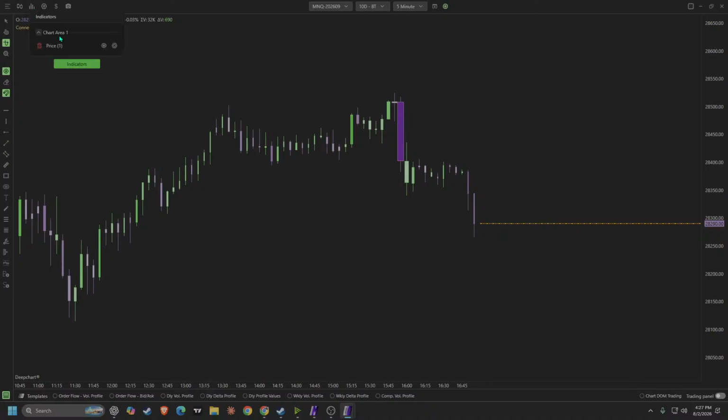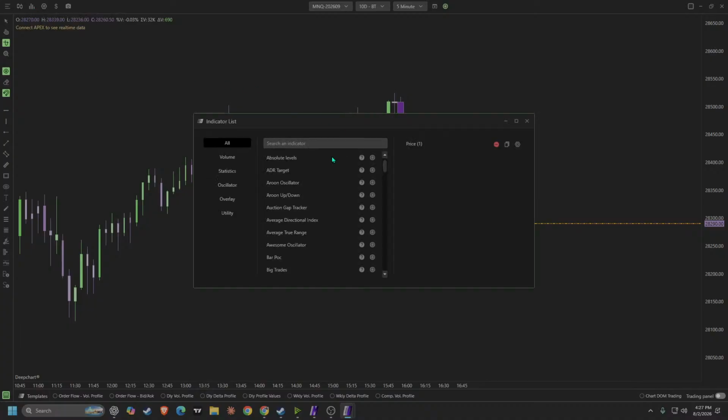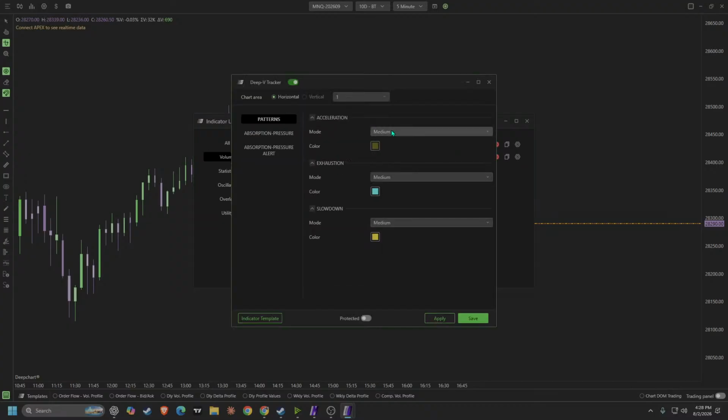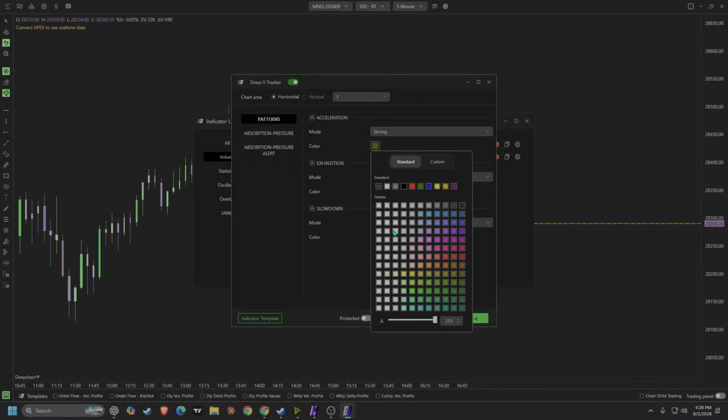While we wait for that, the next thing we're going to add is the volume deep V tracker. Then we're going to set this up and save a template. We're going to go strong, strong, strong for right now. And when it accelerates, I want it to be green.